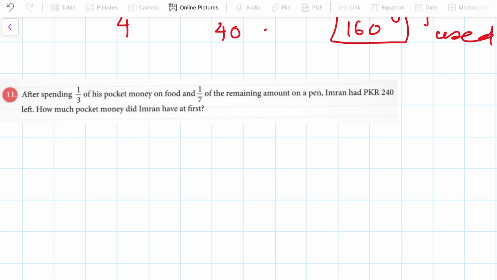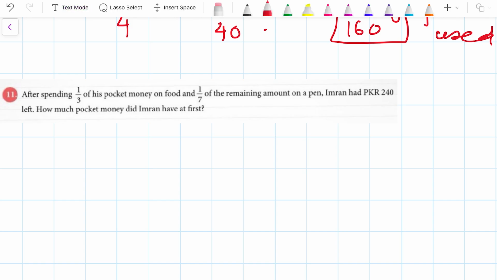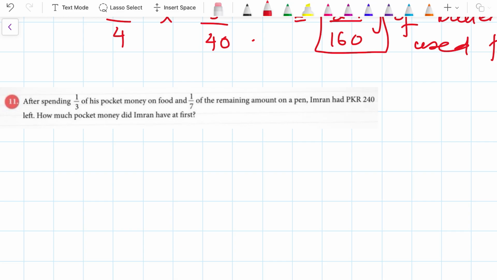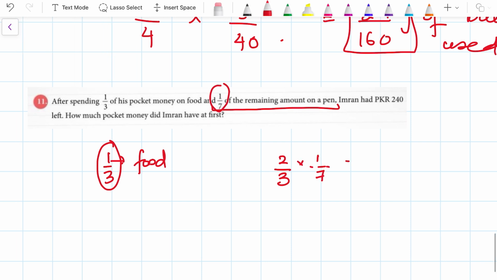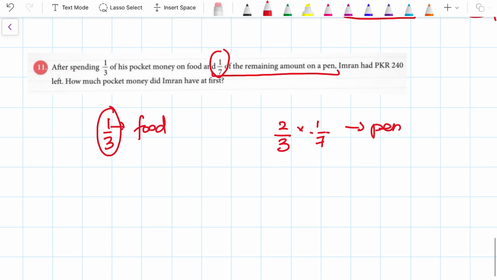After spending 1/3 of his pocket money on food, he is spending 1/3 on food. Then 1/7 of the remaining. What fraction is remaining? 2/3 is remaining, and 1/7 of 2/3 is what you are using on the pen. So can I say 2/21 is spent on the pen?